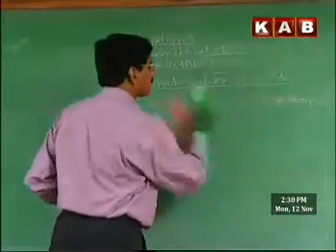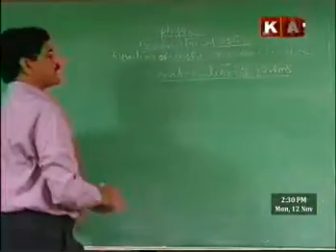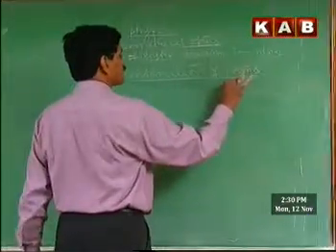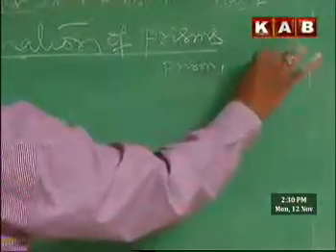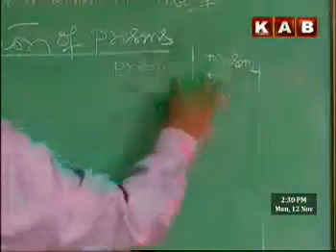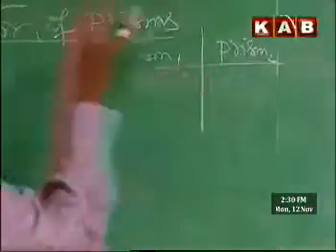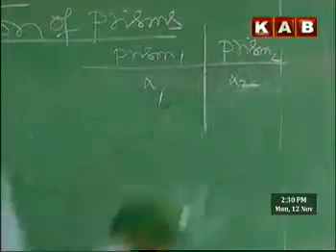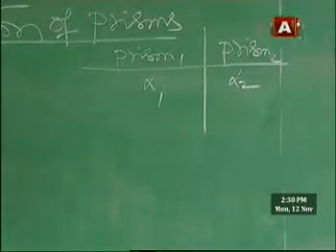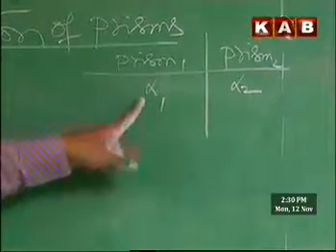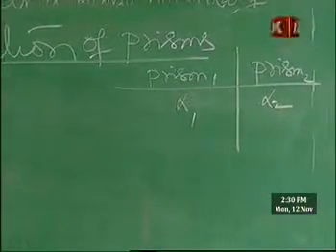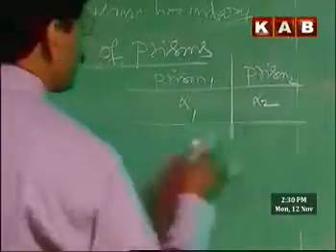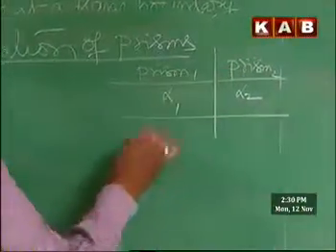For that purpose we use 2 prisms, prism 1 and prism 2, with different refracting angles. Prism 1 may have refracting angle alpha 1. We choose prism 2 having a different refracting angle alpha 2. And they are also made of different materials.